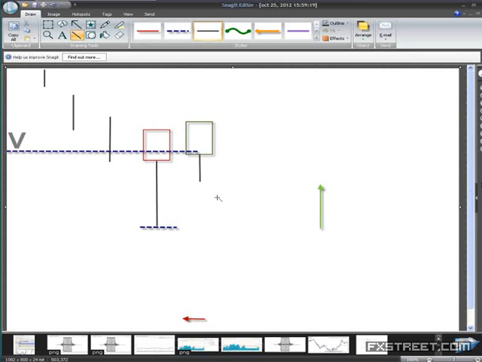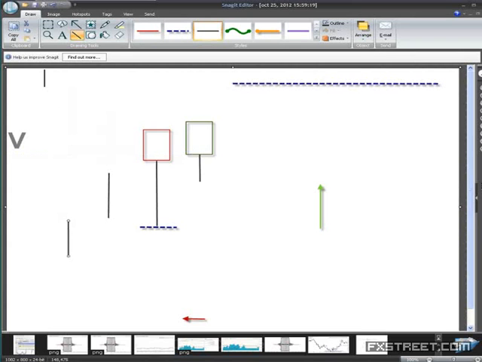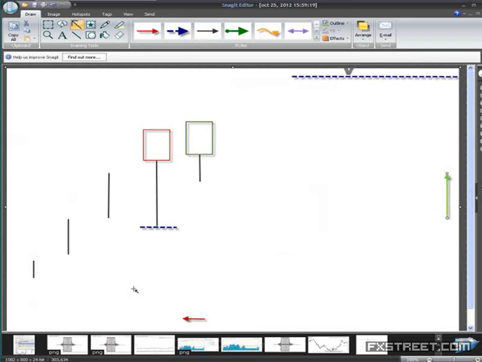Okay, but other patterns of the same nature, belonging to the so-called umbrella lines, like we initially mentioned, if this would be, for instance, a hanging man. Okay, we have an ascending move, and then we have this so-called hanging man appearing on the chart.